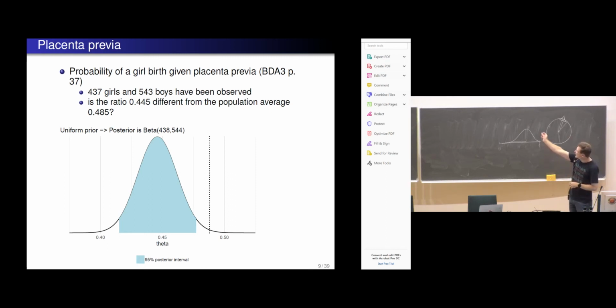There's still some probability of being above that reference value, so this is not completely conclusive, but it's quite likely that there are more boys than in the usual population.